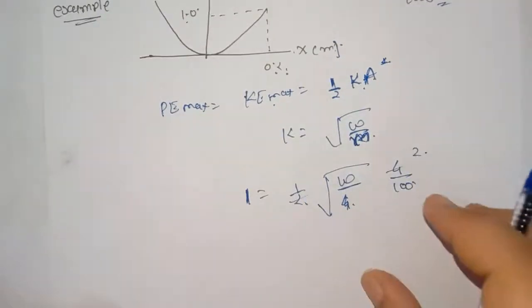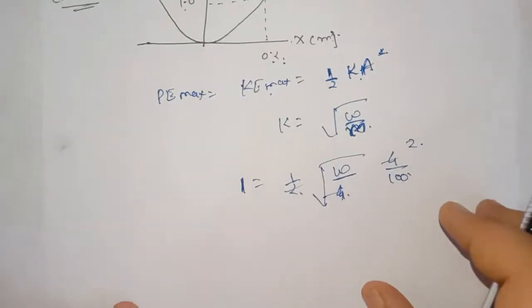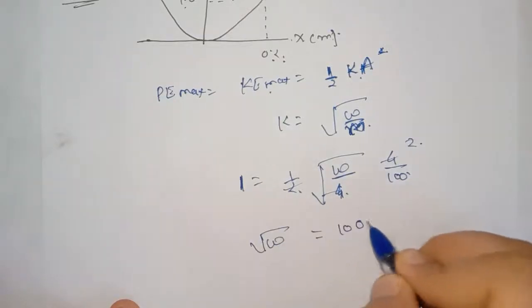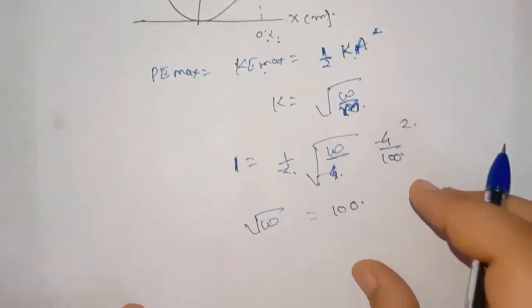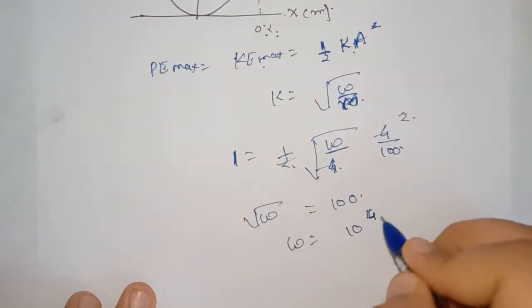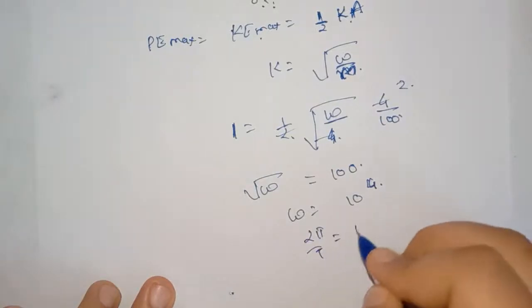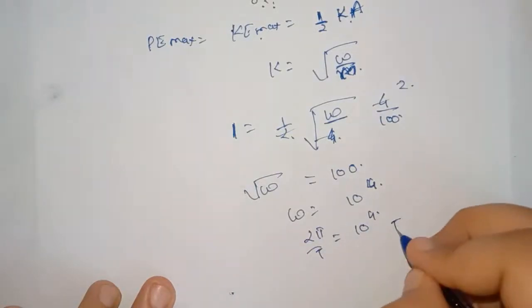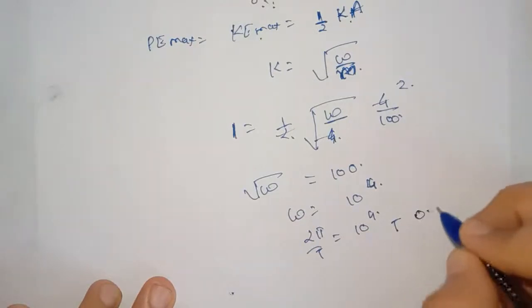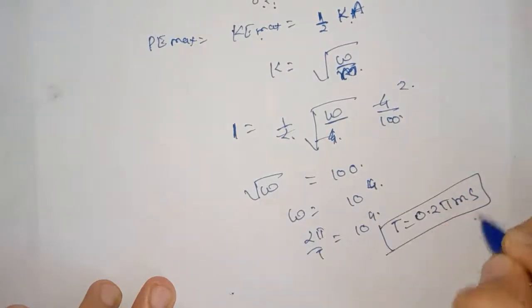This 2 will get cancelled out. This 2 will also get cancelled out. So root omega will be equal to 100. So omega will be equal to 10 power 4. Omega is 2 pi by T is equal to 10 power 4. So time period will be 0.2 pi millisecond. So this will be our answer.